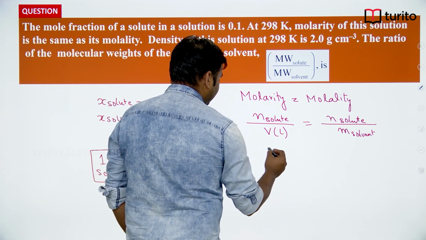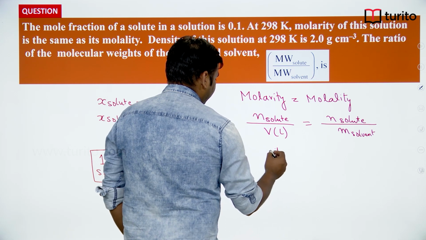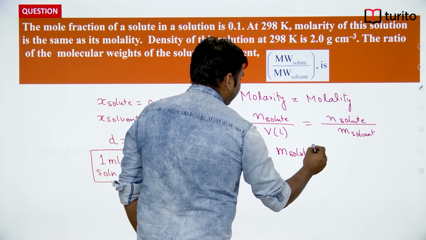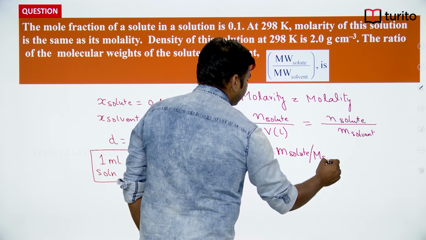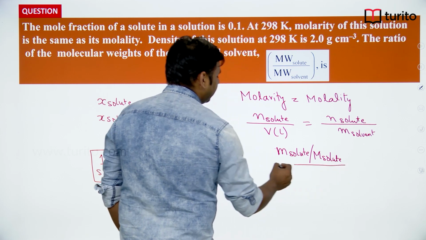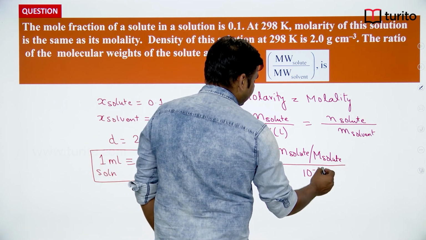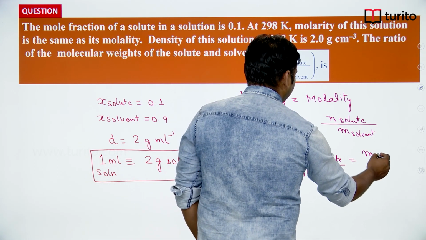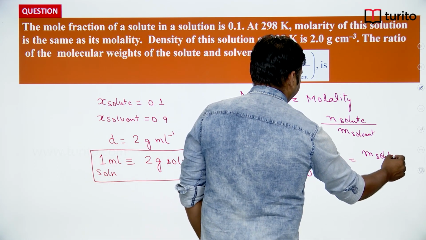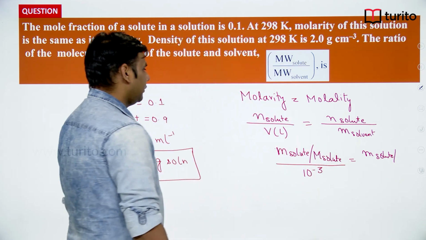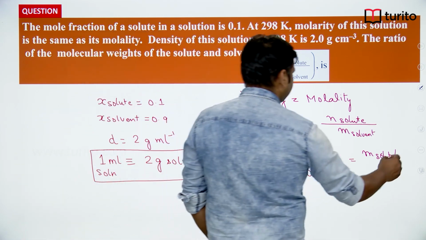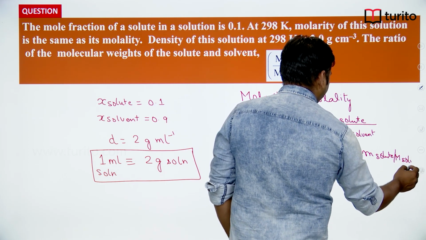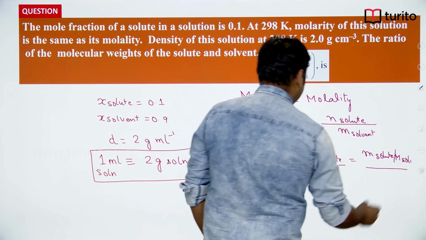So I can write this as mass of solute, where the molar mass of the solute is M solute, divided by 10 raised to minus 3. The number of moles of solute is again mass of solute upon molar mass of solute, divided by mass of solvent in kg.